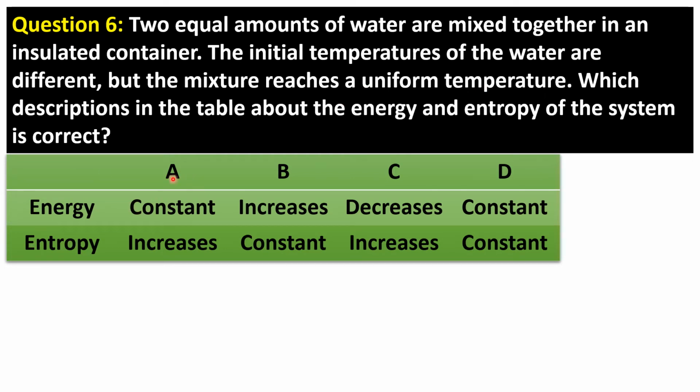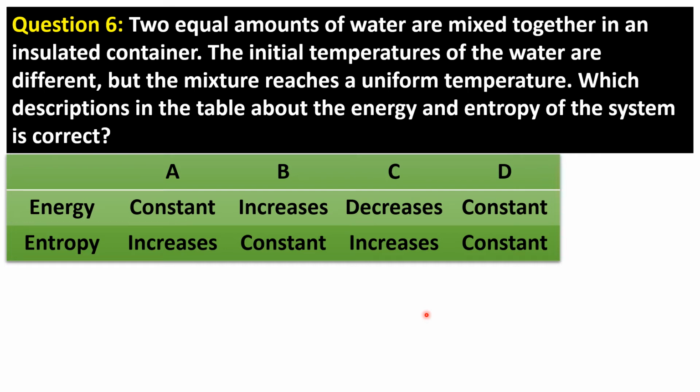For letter A, the energy is constant but the entropy increases. Letter B, energy increases, entropy remains constant. Letter C, energy decreases while the entropy increases. And letter D, both energy and entropy remain constant. What do you think is the best answer?